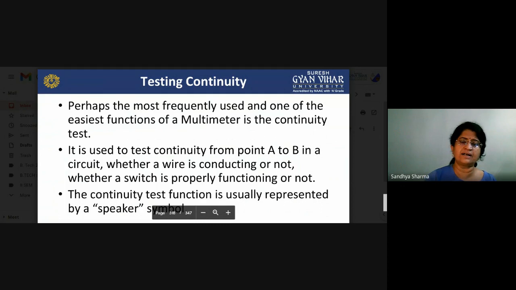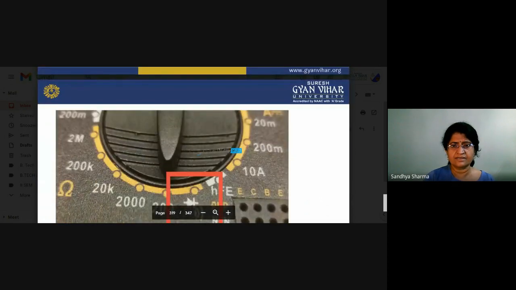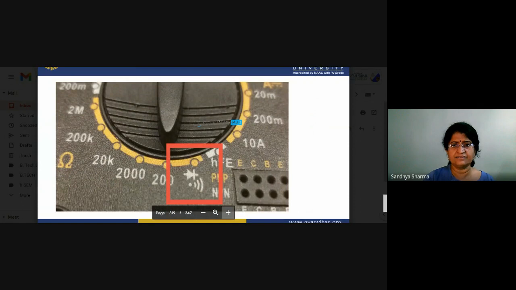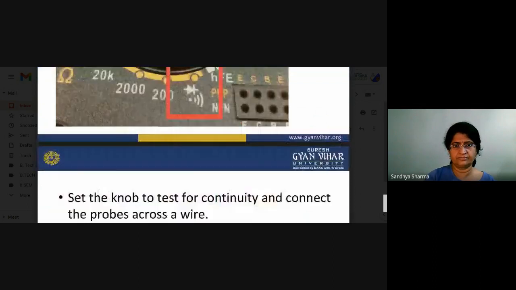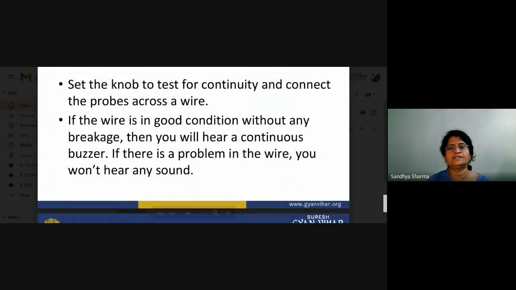Generally it will be marked with a speaker symbol. You can see this in the diagram. That is marked as the continuity mode. When you put your knob in continuity mode, connect the probes across a wire. If the wire is in good condition without any breakage, then you will hear a continuous buzzer.